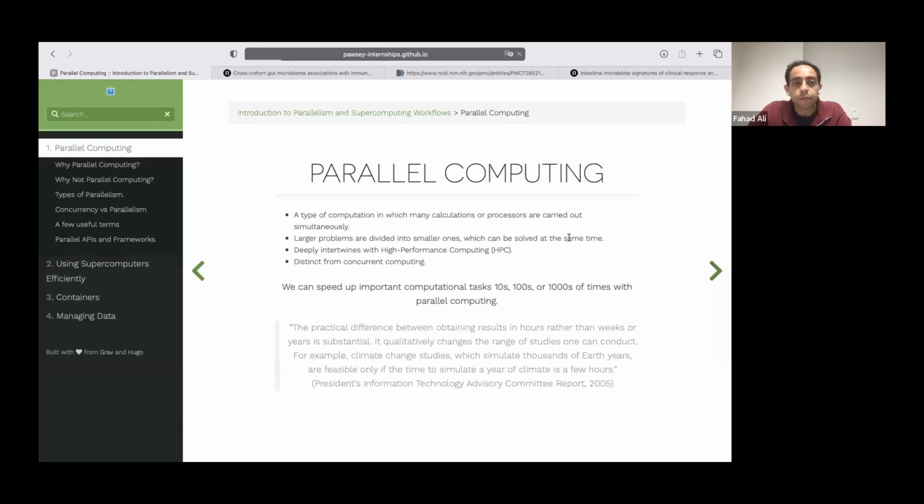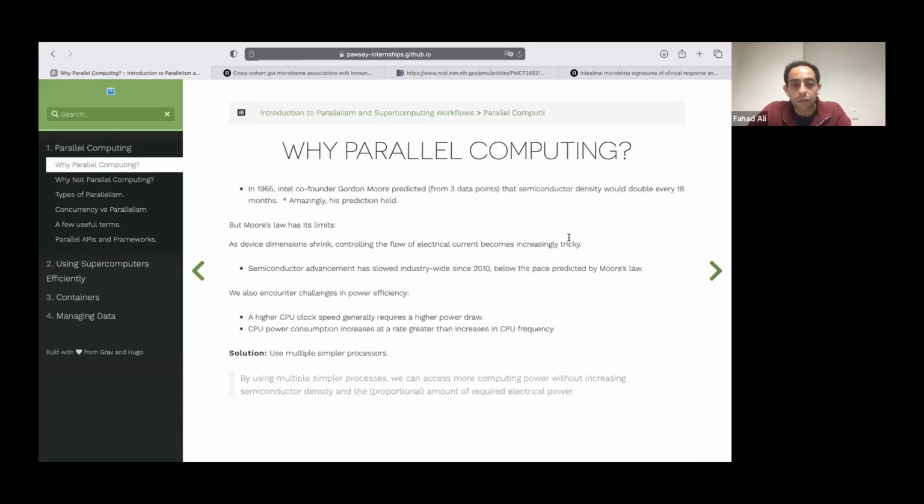So let's talk a little bit more about this. Parallel computing is tied to, I guess, the underlying architecture of the computer that you're using. And I think most of you have heard of Moore's law, okay?